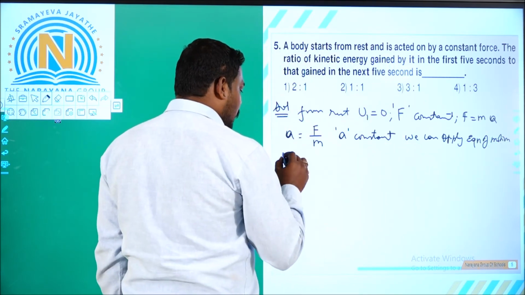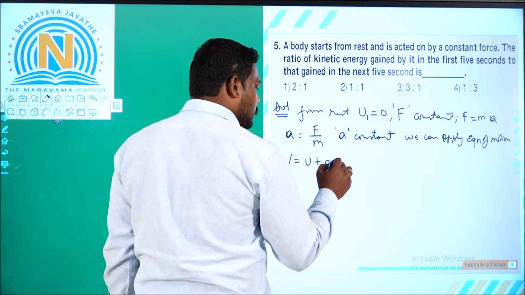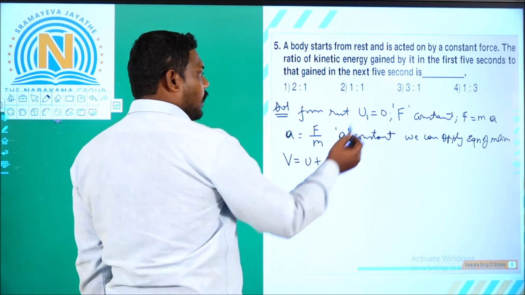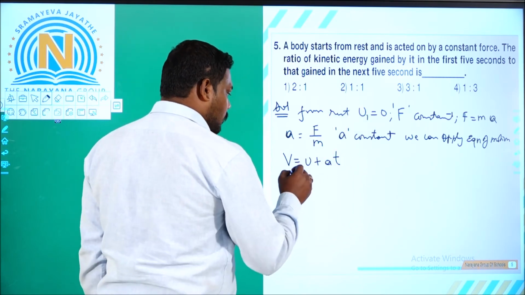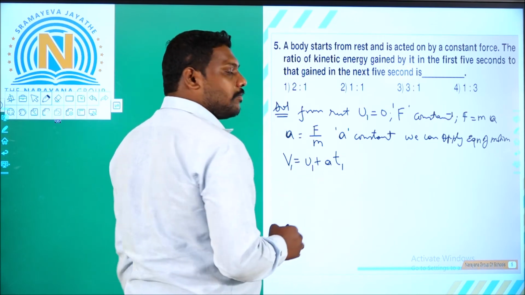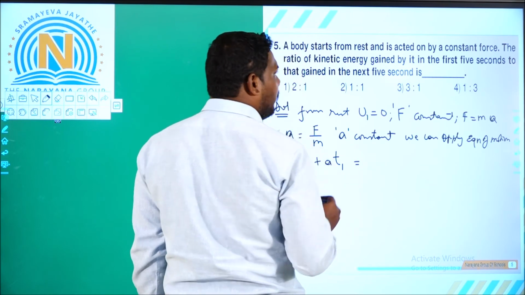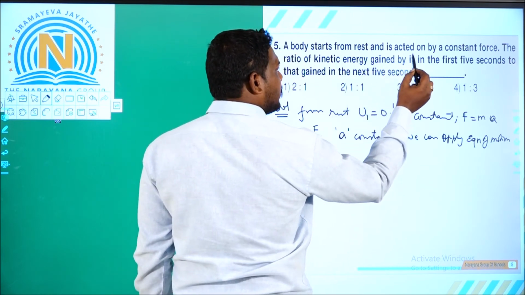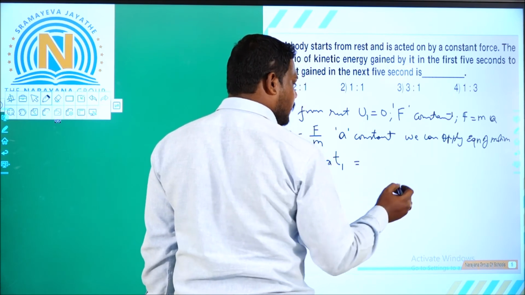So let us apply the first equation of motion: v is equal to u plus at. We know u1, we need to find v1. So v1 should be equal to u1 plus at1, right? Now t1, the kinetic energy gained in first 5 seconds, so here t1 is given as 5 seconds.